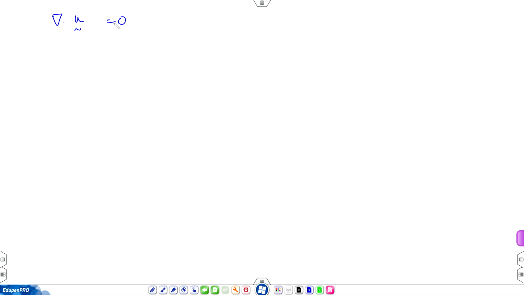Which one is it? Is it Cartesian, or cylindrical, spherical, or is it coordinate free? It is coordinate free form. So to simplify it further, you have to specify the coordinate system.